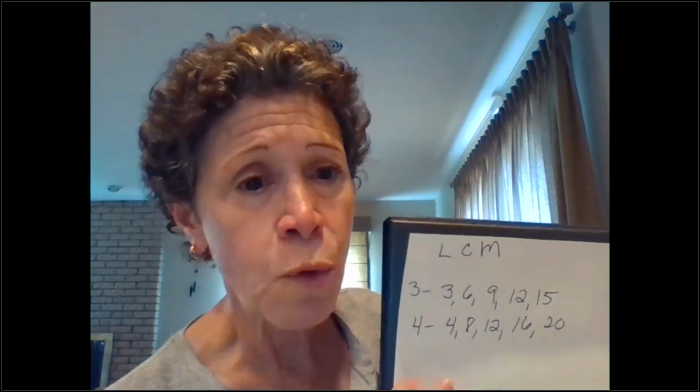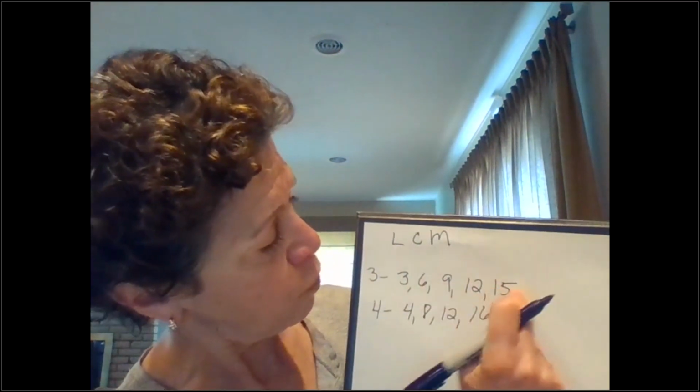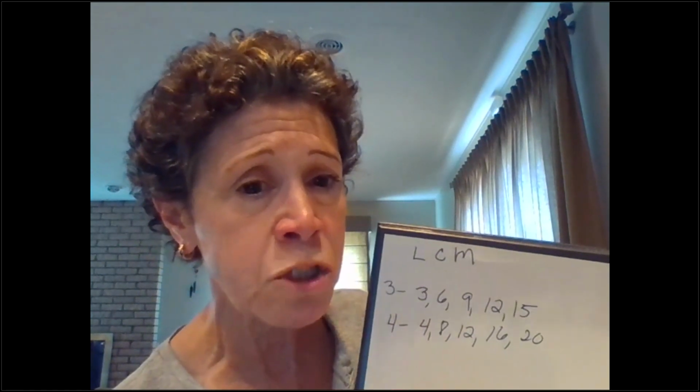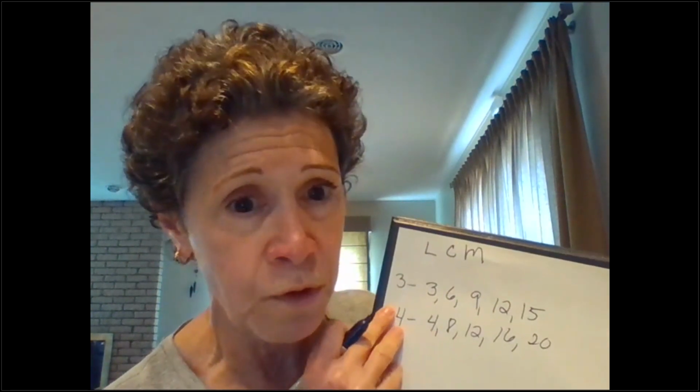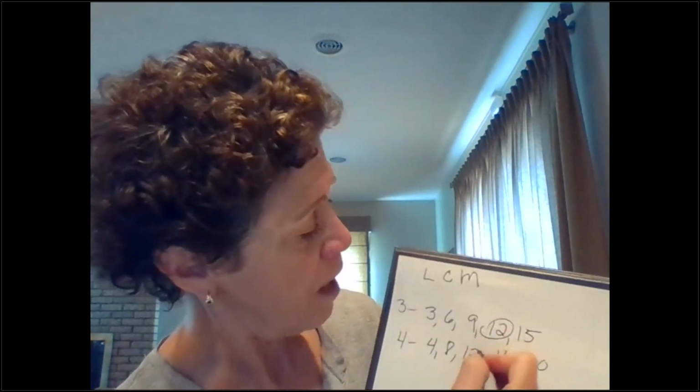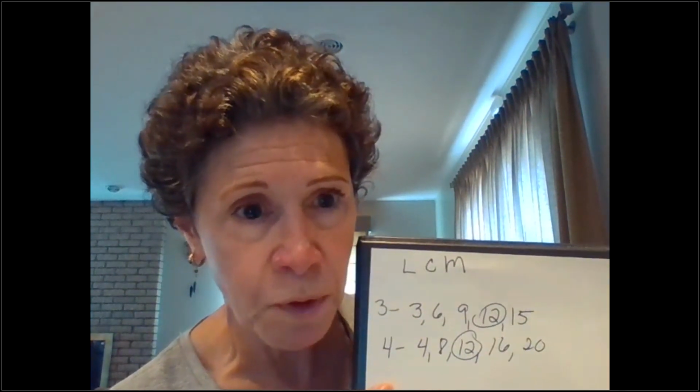So when you want to know the least common multiple, if you look at the 3s and you look at the 4s, which is the smallest multiple that's up here? 12, exactly. That's the least common multiple.